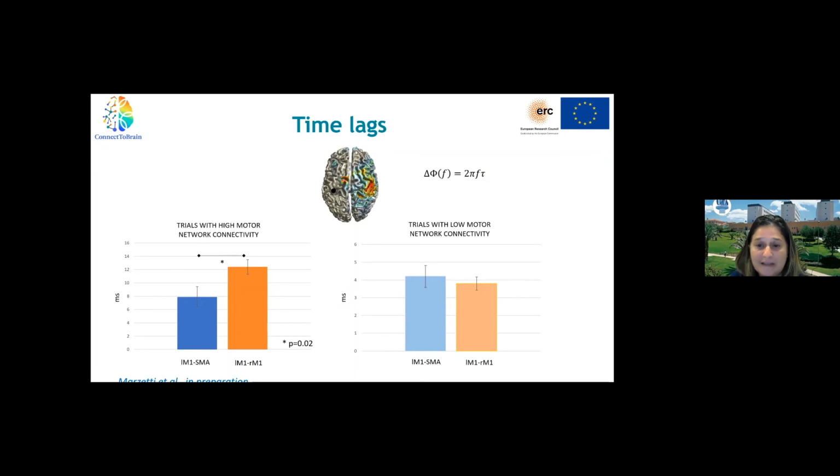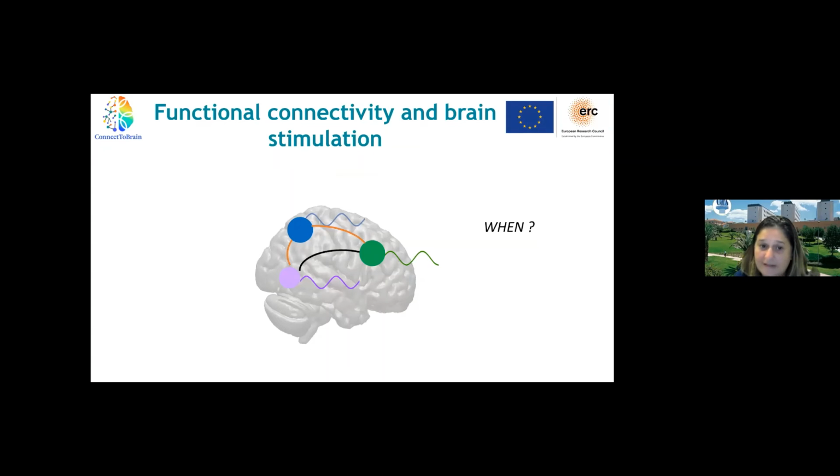So the idea is that if we are able to assess this functional connectivity and maybe time delays from this functional connectivity, then this might help us in answering the question of when to stimulate.